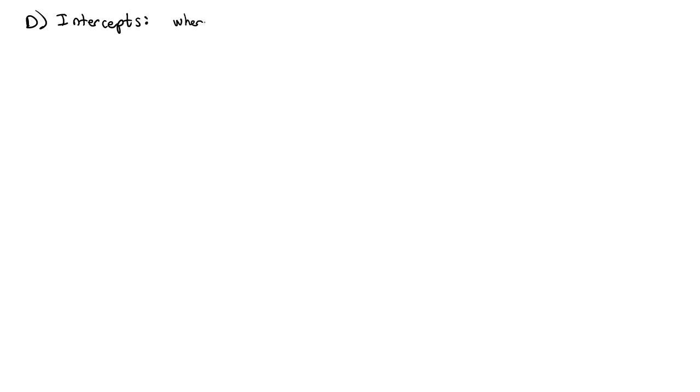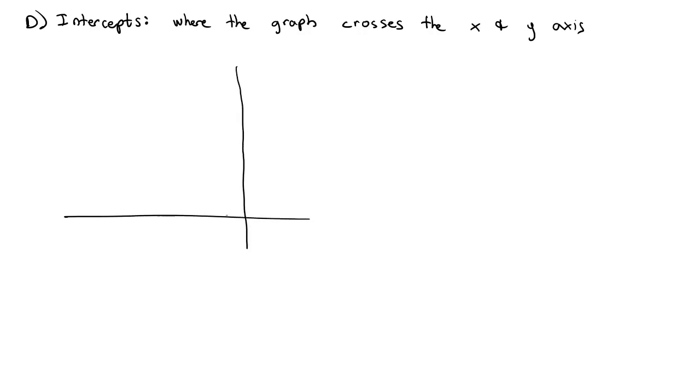Intercepts are where the graph or the picture of solutions crosses the x and y axes. So if I've got a graph here, let's say we're going to cross right here and right here, and there is our graph.